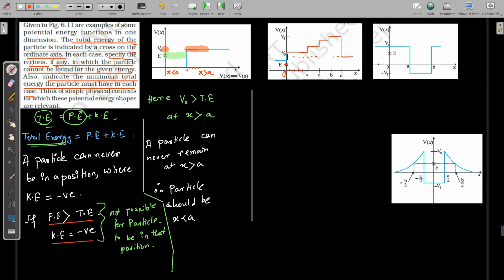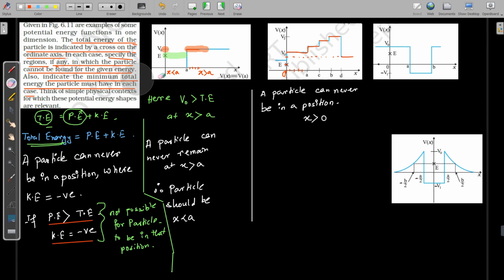So in this graph, a particle can never be in a position, which position? At x greater than 0. The moment x is greater than 0, it is not possible for the particle to be there.